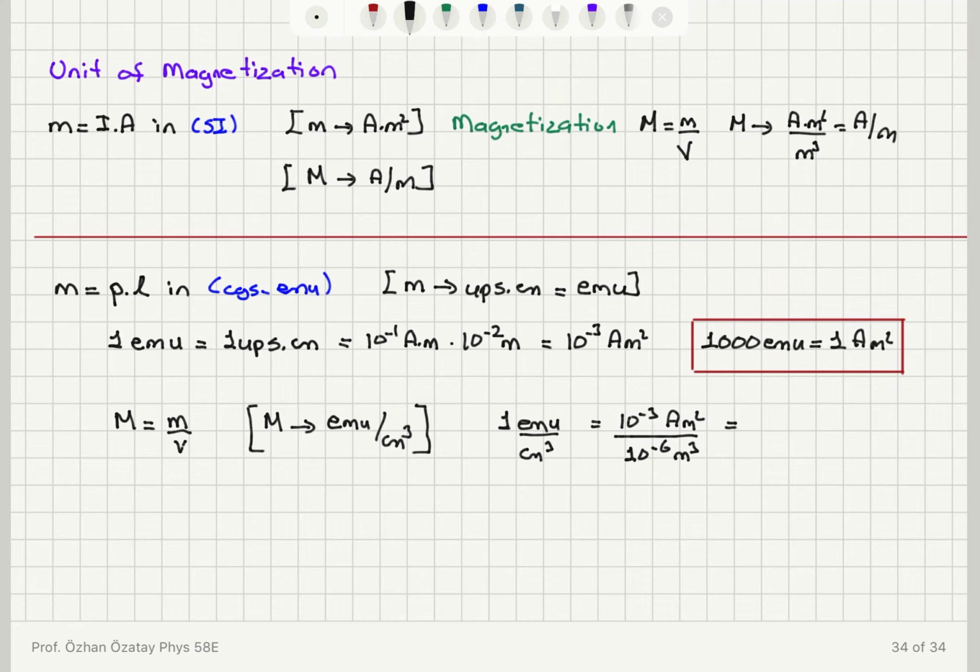So that means you have 1000 ampere per meter. So the conversion between CGS and SI for magnetization is 1 electromagnetic unit per centimeter cube is 1000 ampere per meter of magnetization.